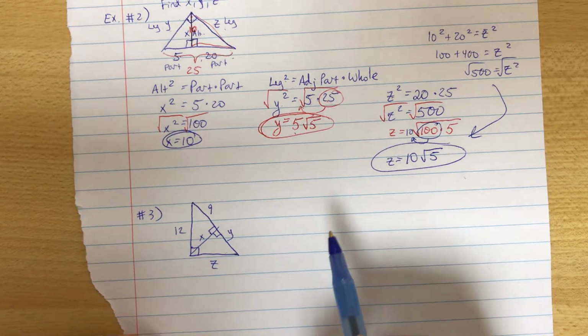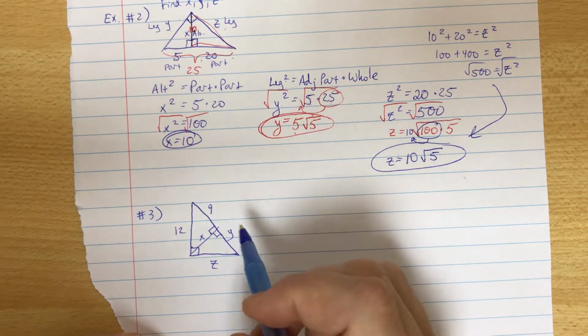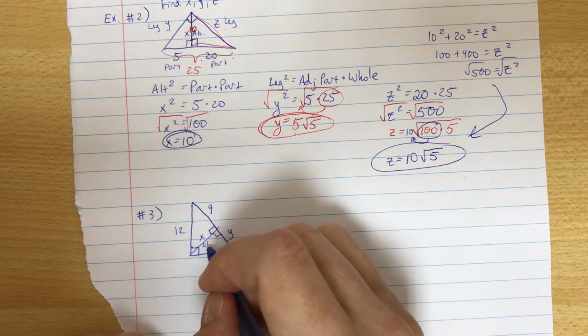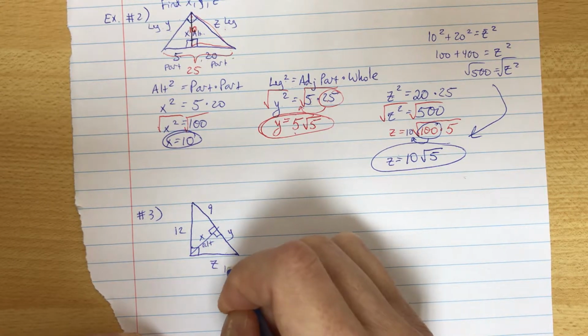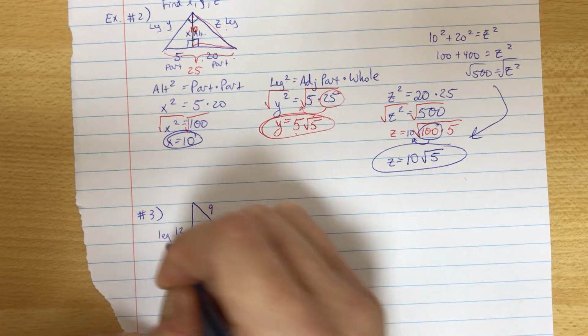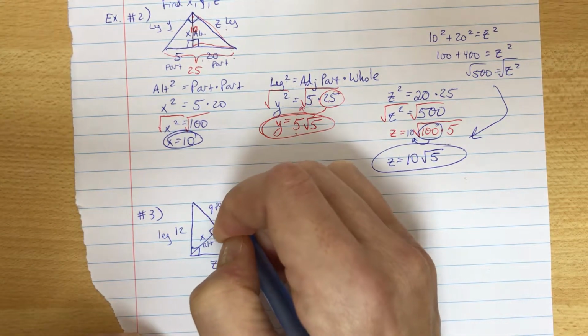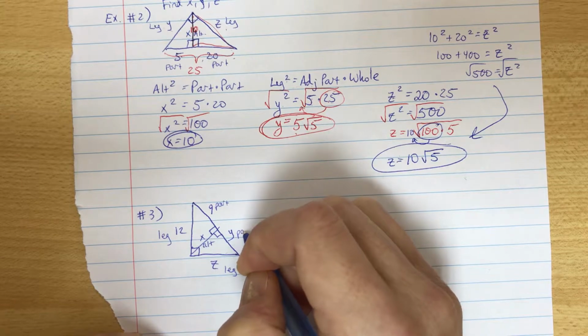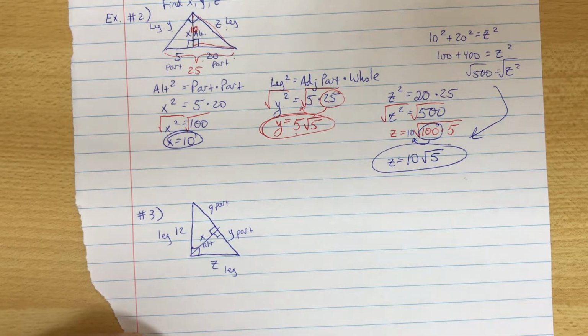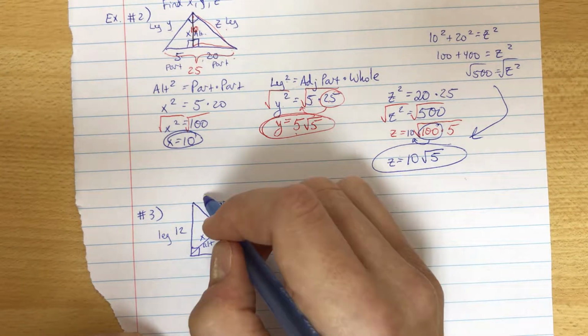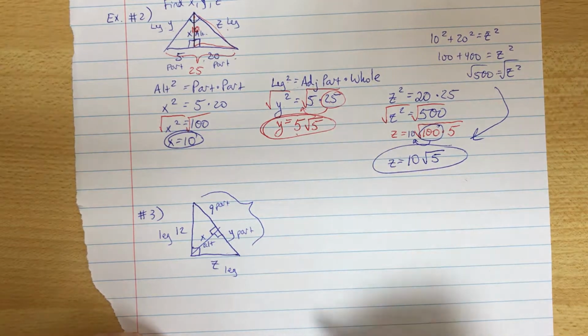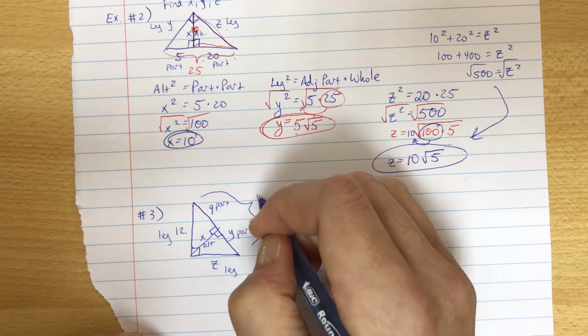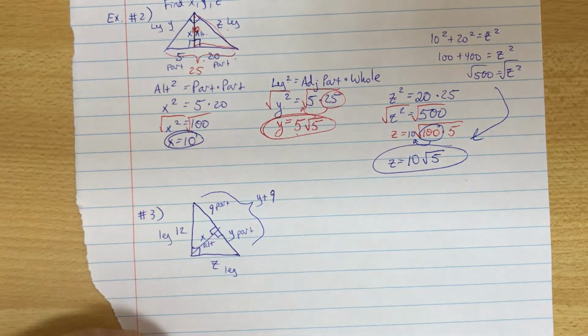So we can do altitude squared as part times part. But before I do that, let me label, here's the altitude, here are the legs, 9 is a part, y is a part, but we kind of have a problem here. Well, the whole thing would be 9 plus y, or I'll say y plus 9, right there.